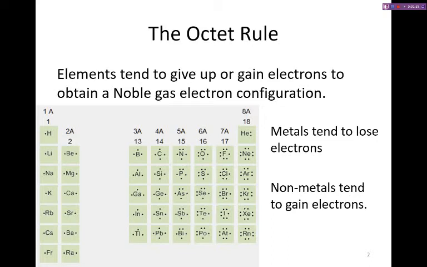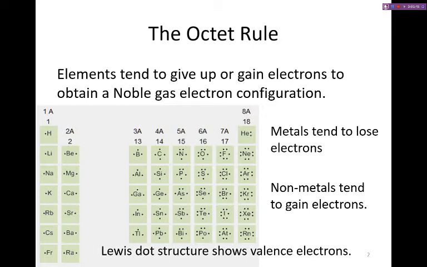Here we also have a new type of notation, the Lewis dot structures, which indicate the number of valence electrons. For the main group elements shown on the screen right now, the number of valence electrons depends on which column they're in. You can use that to predict the charge when they become ions and how they will bond with each other.